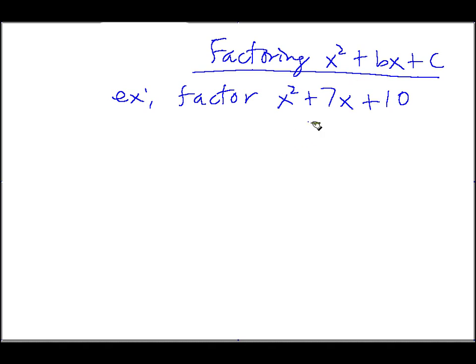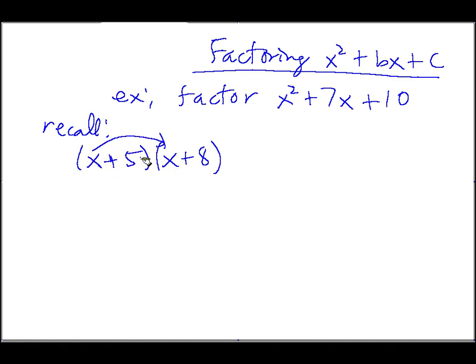Now, before I get into factoring this, I'll get back to this problem in a moment. Let's recall what we did back in 7.3. Let's say I want to multiply out two binomials of this type: x plus 5 times x plus 8, for example. We FOILed it out, if you remember.